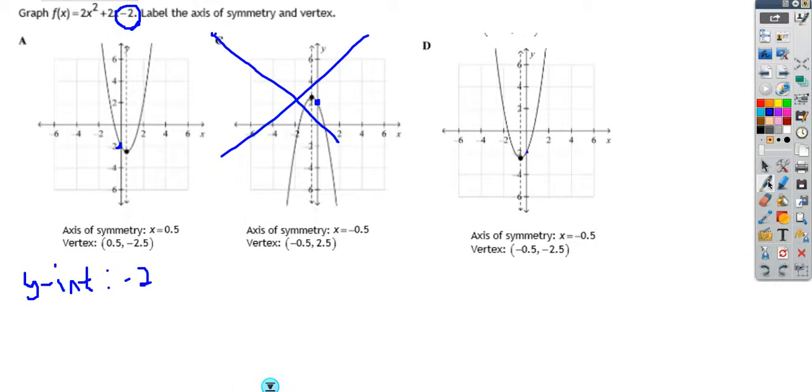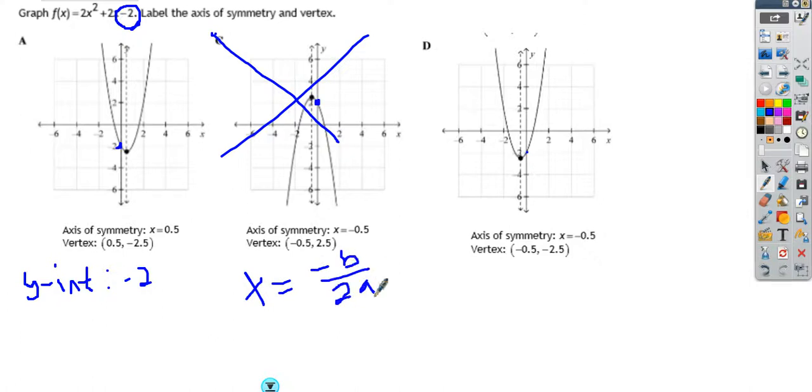Then, once we have our y-intercept and we've narrowed down hopefully at least one graph, we need to move on. So now we need to look at the axis of symmetry. Where should the x value of that vertex be? We're going to do x equals -b over 2a.